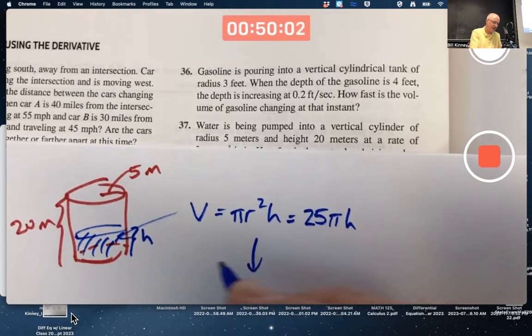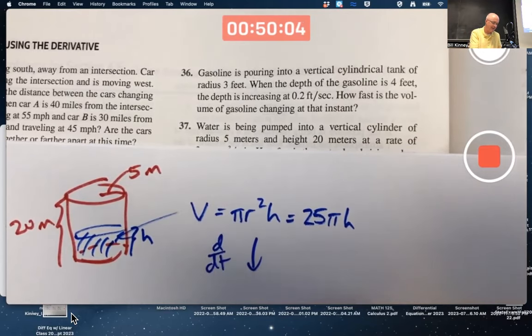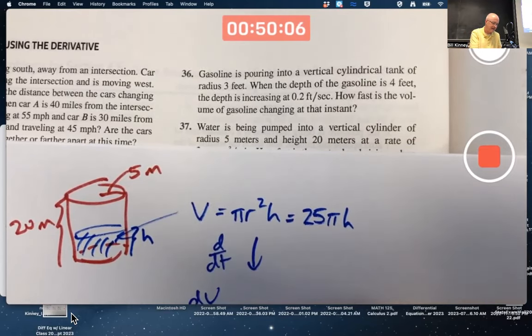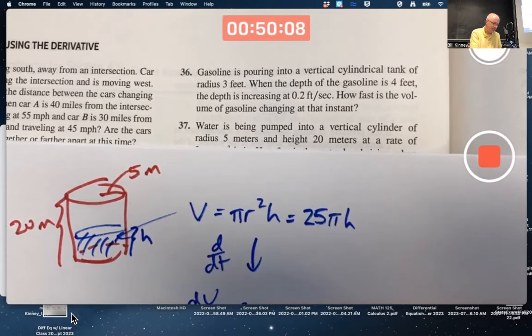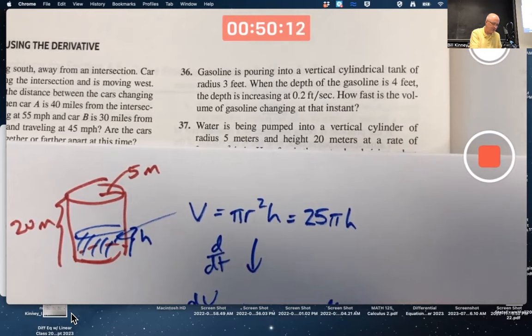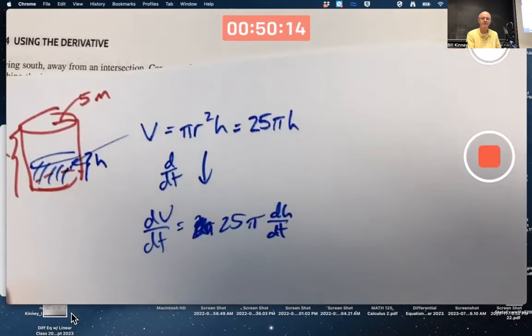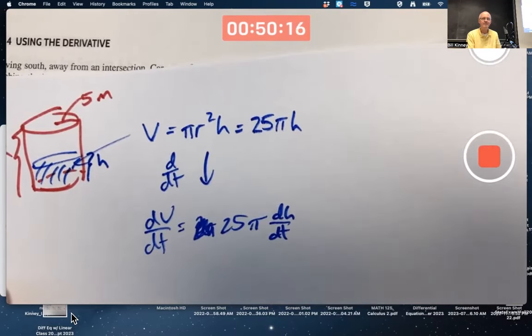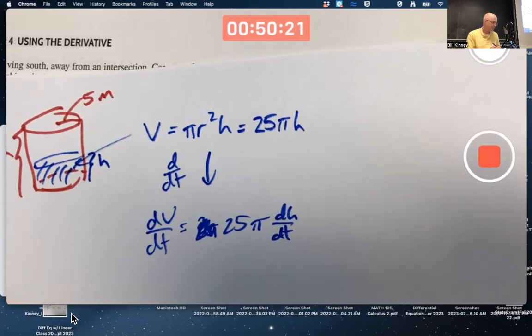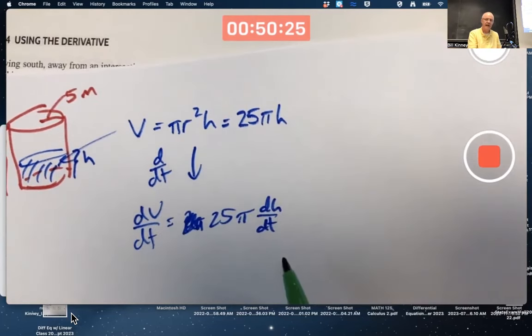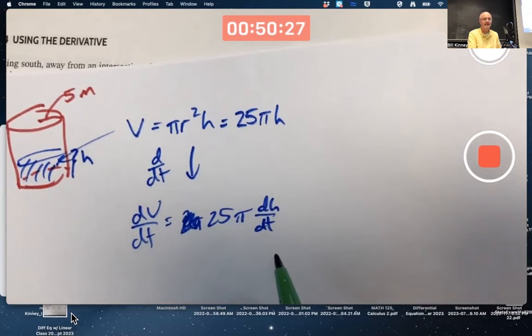Once again, I can differentiate both sides with respect to time and get dV/dt equals 25 pi times dH/dt. Very similar so far to the other problem. But now, what you want to solve for is different. We want to know dH/dt when we know dV/dt.